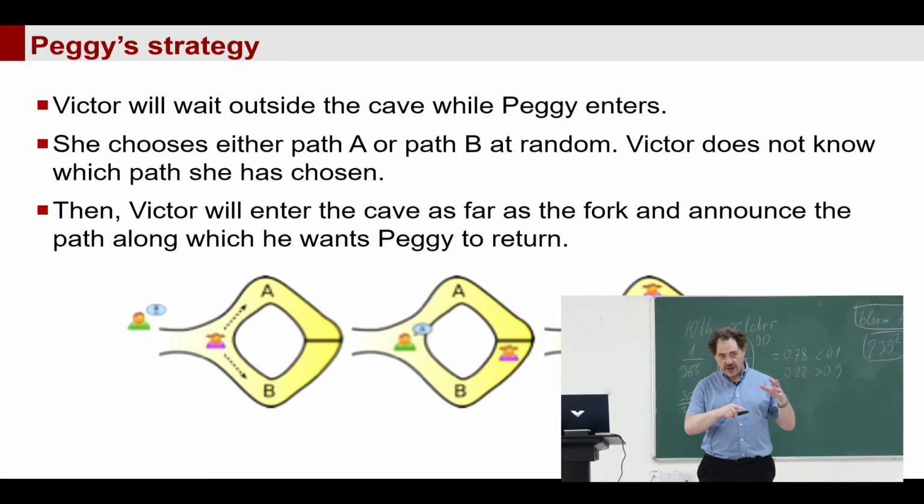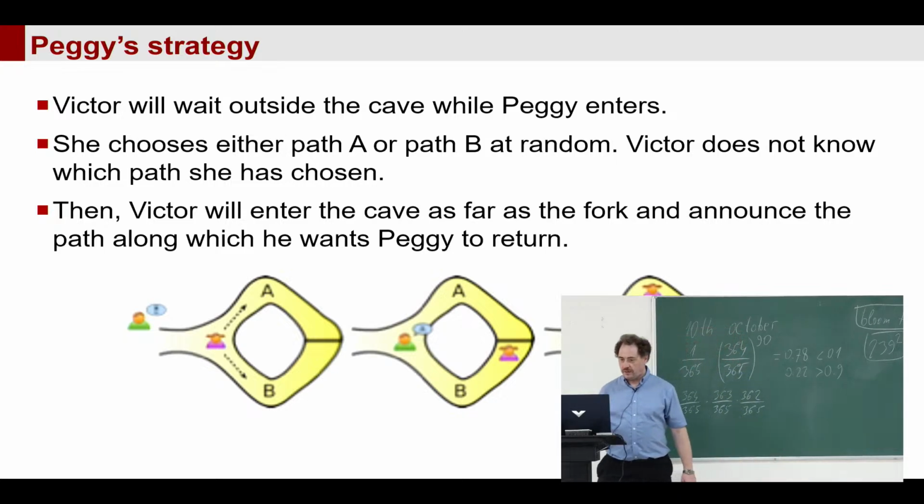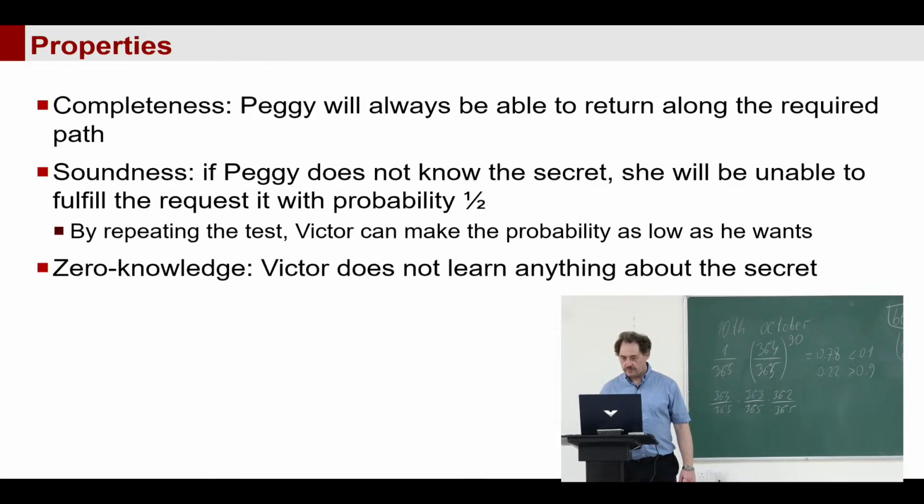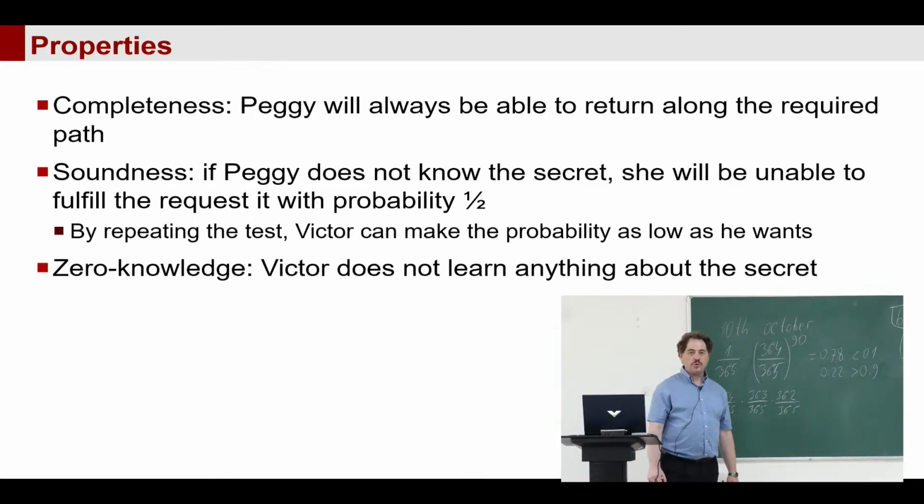Then 1/8, 1/16, so it's exponential, and we can get it as small as we want. We are not demanding that it be 0, but we can make it as small as we want. Zero knowledge: Victor doesn't learn the secret word.